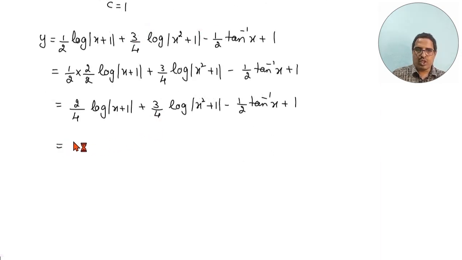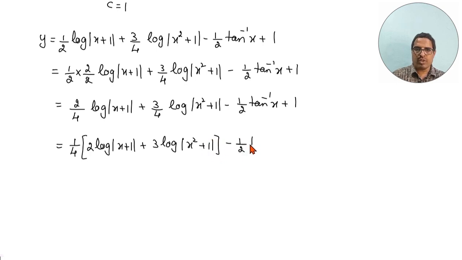So in these two terms, if I take 1 by 4 common outside, I will be left with 2 times log of mod x plus 1 plus 3 times log of mod x square plus 1. These two terms as they are, minus half times tan inverse of x plus 1. This will be equal to 1 by 4 times.